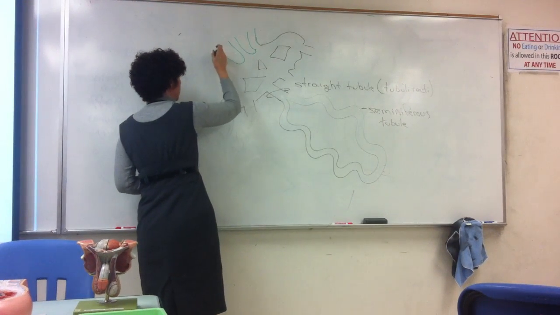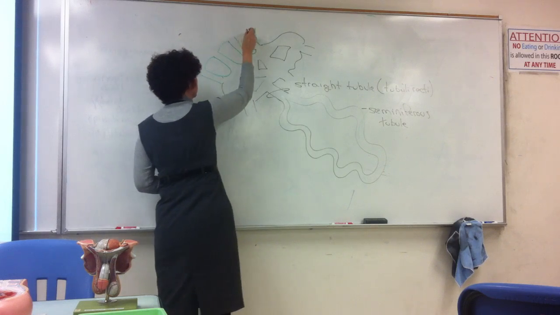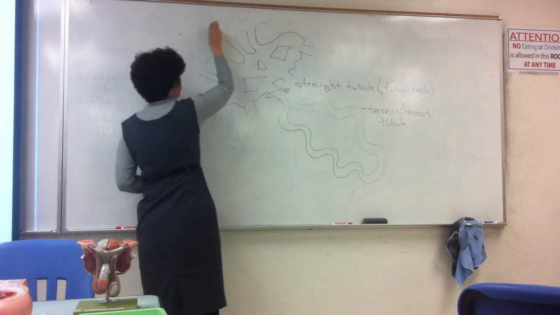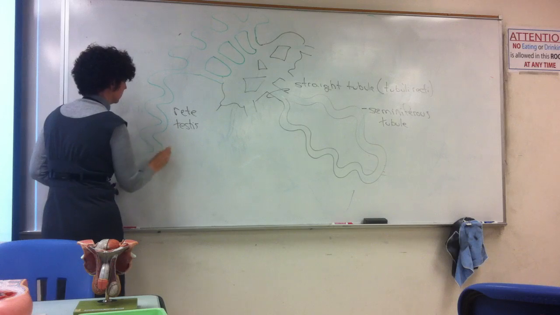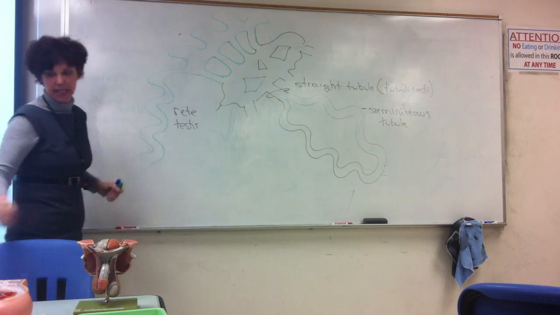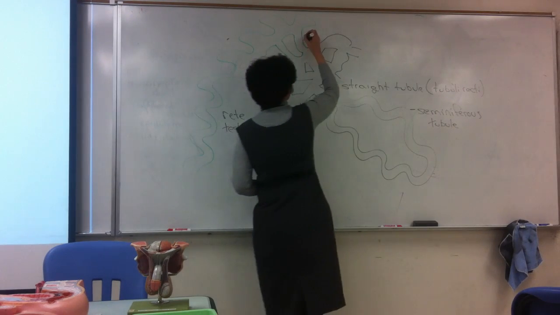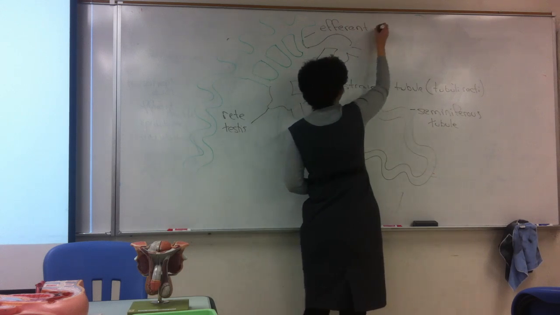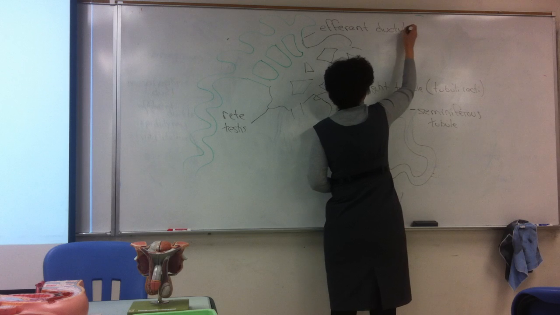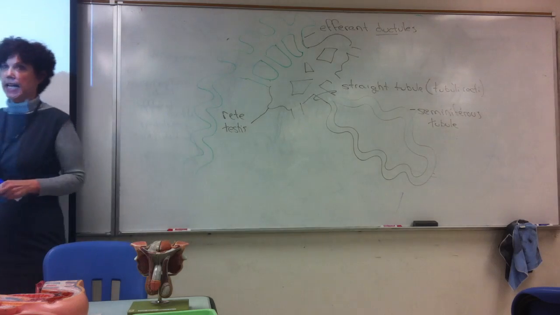And so we would have multiple channels that then join another highly coiled structure, which is the epididymis. These channels are the efferent ductules, refer to them just as efferent ducts.